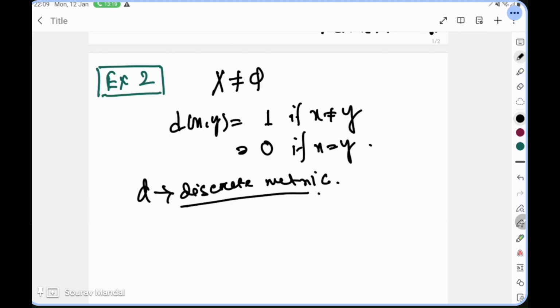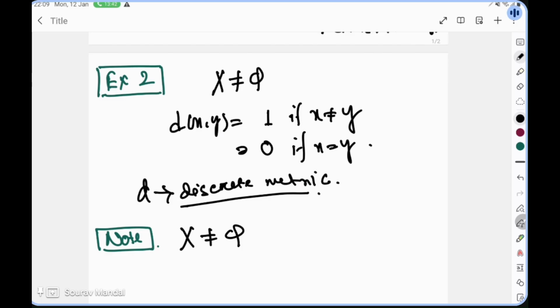You are only given that X is a non-empty set, nothing else.